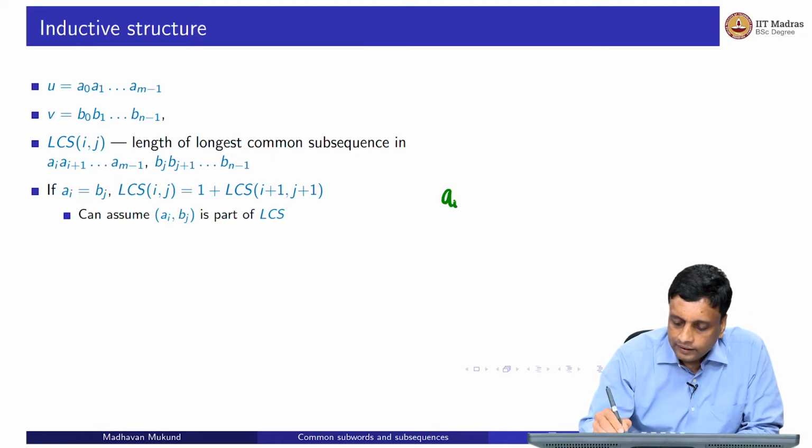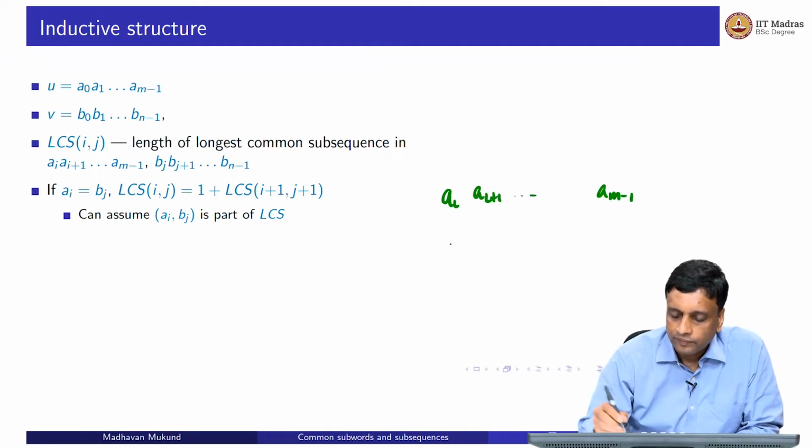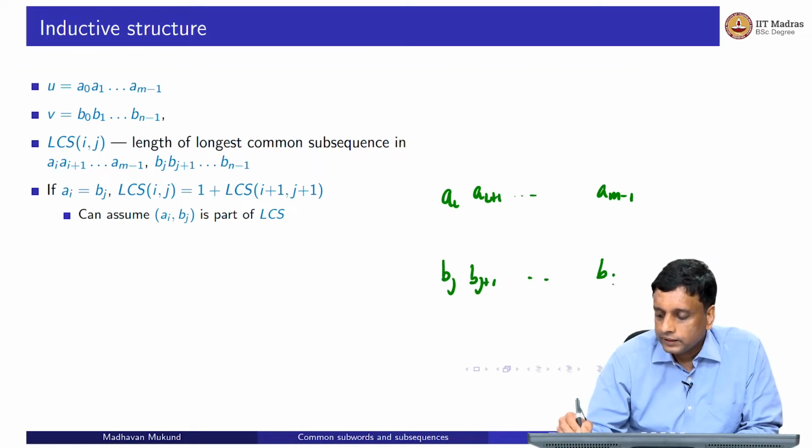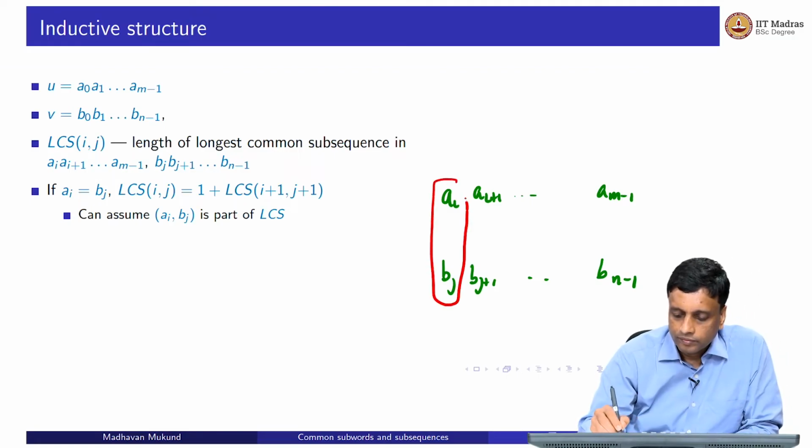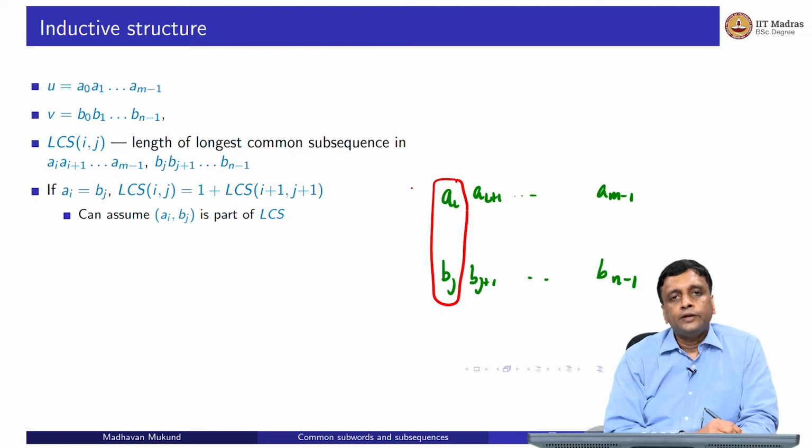So we have a_{i+1} up to a_{m-1}, and we have here b_{j+1} up to b_{n-1}. Now what we are saying is that a_i and b_j are actually equal. So should I use that in my longest common subsequence?